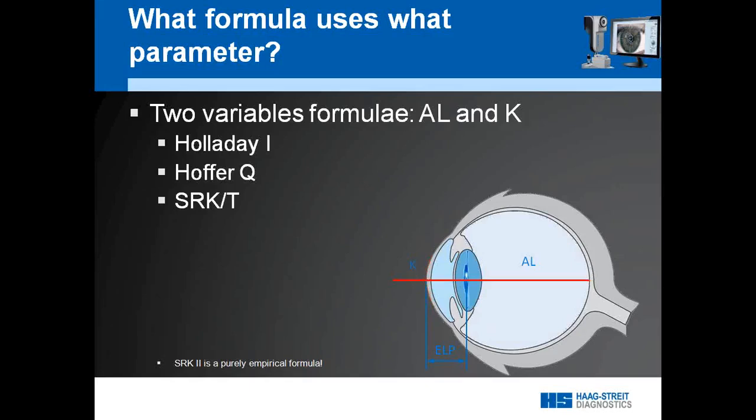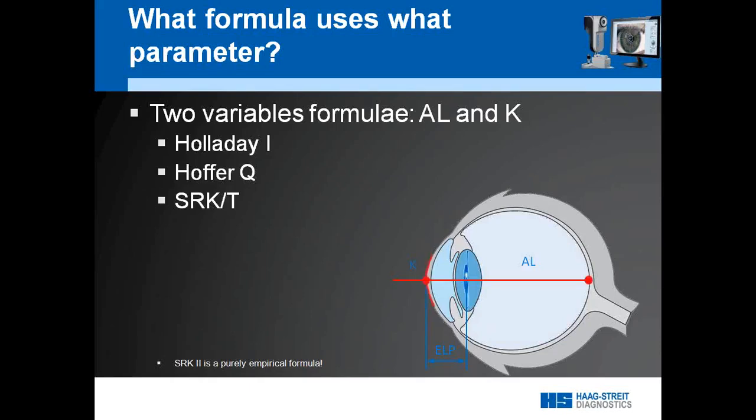So what they assume is that there is a linear relationship between axial length and the ELP and also between the K readings and the ELP. So for example, a very long eye in these formulae will provide a deep ELP. A short eye on the opposite side will provide a shallow ELP.